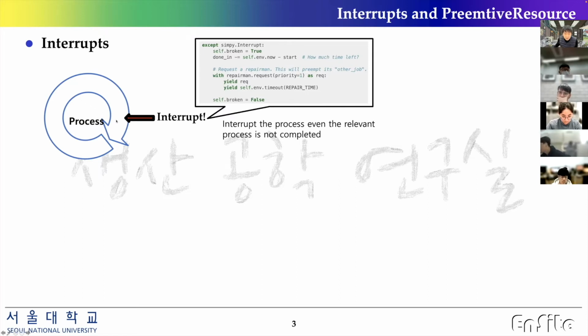After this, in order to resolve the interruption, the resource is requested by use of the with phrase and yielding the request event. If the repairman becomes available, it goes to the next generator and consumes a certain amount of time, which is the repair time.